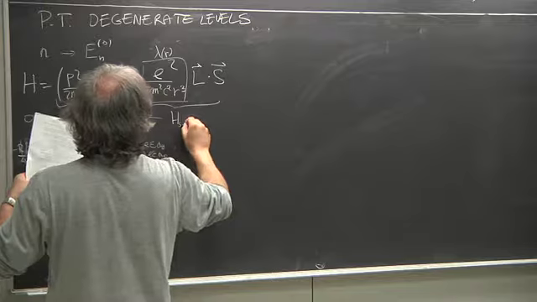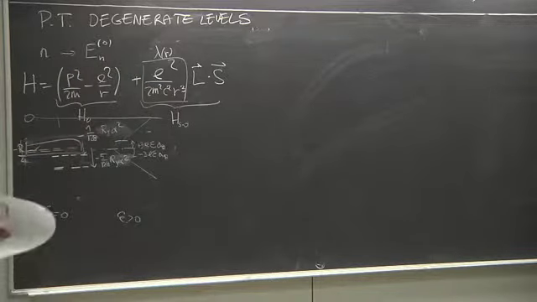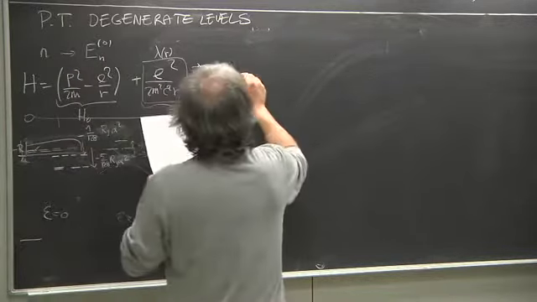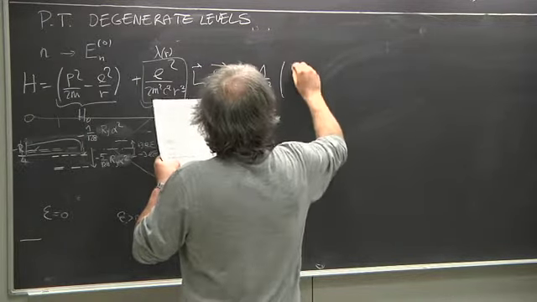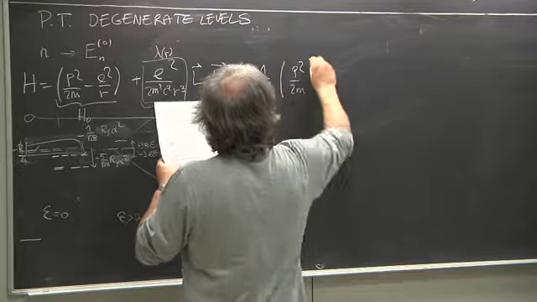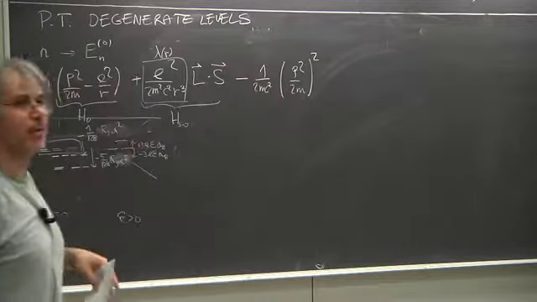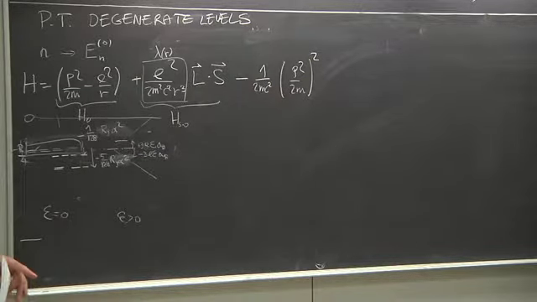H spin orbit. Then there is another object that is minus 1 over twice mc square times p square over 2m, squared. This comes from the kinetic energy. Remember, the relativistic kinetic energy is the square root of mc square plus and so on.